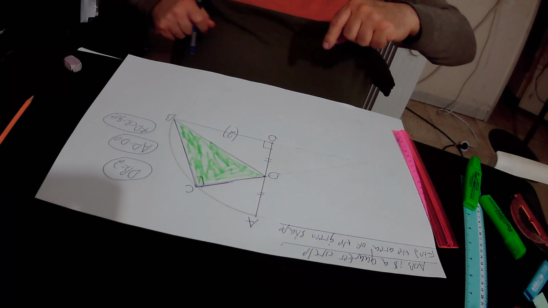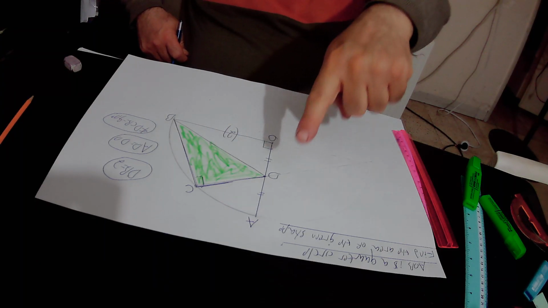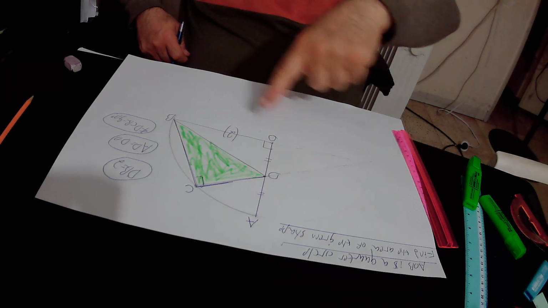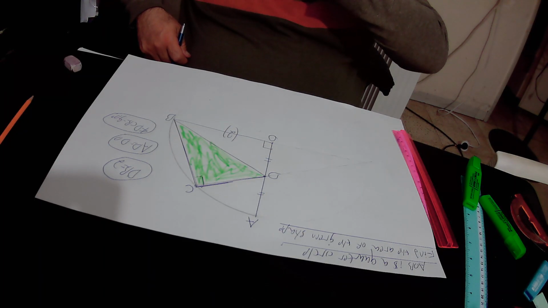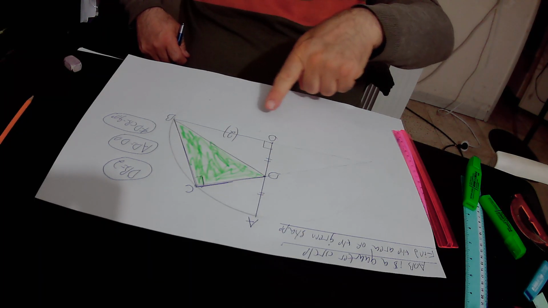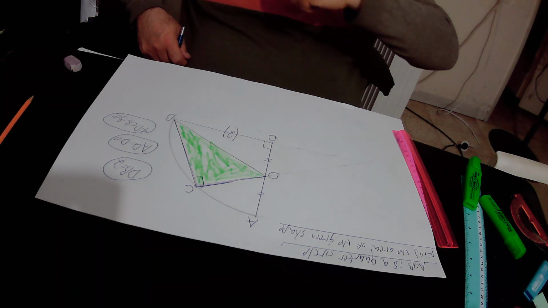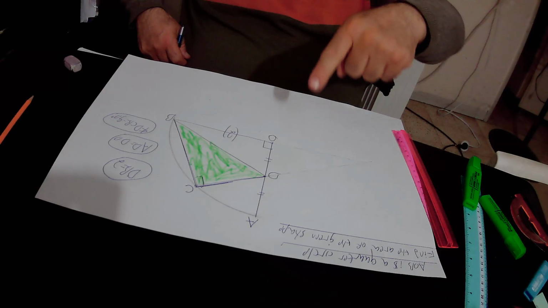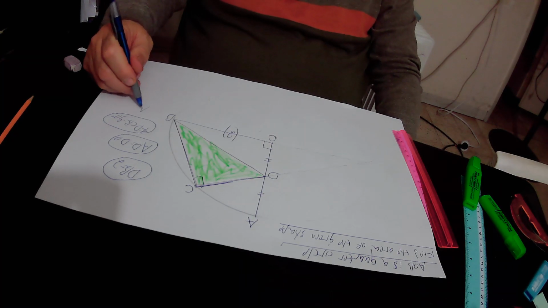In addition, because AOB is a quarter circle, AO and OB are both the radii of this quarter circle, but we know that OB equals 2 units, therefore the radius of this quarter circle equals 2 units in length. And AO is also a radius, therefore AO must also equal 2 units.